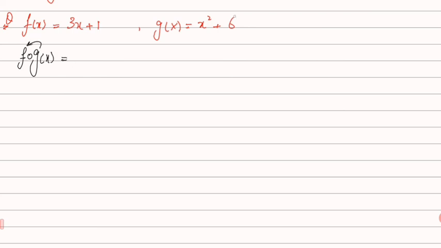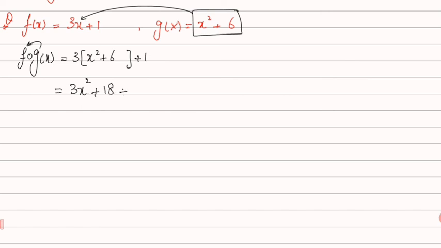This whole function is substituted in f. So it is 3 times x square plus 6 plus 1. So it is 3x square plus 18 plus 1. That is equal to 3x square plus 19. This is f of g of x.